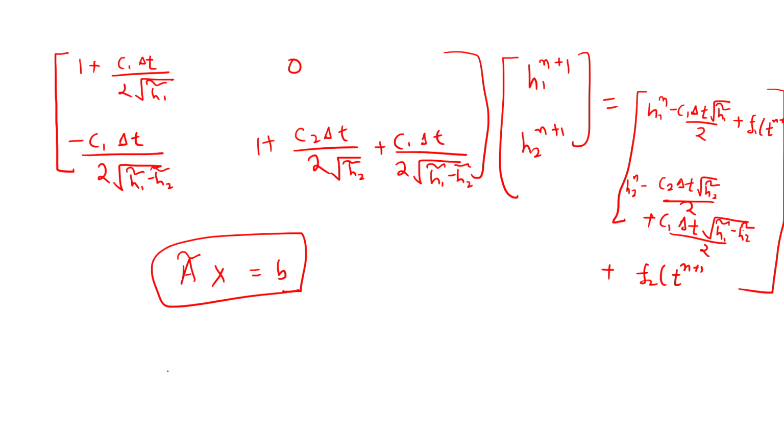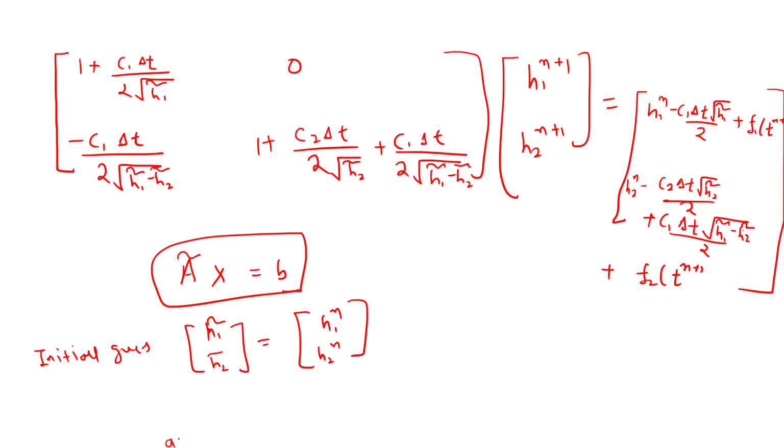So my initial guess for this will be h1 tilde and h2 tilde is nothing but h1n, h2n, and we will keep updating h1 tilde, h2 tilde equal to h1 n plus 1, h2 n plus 1.